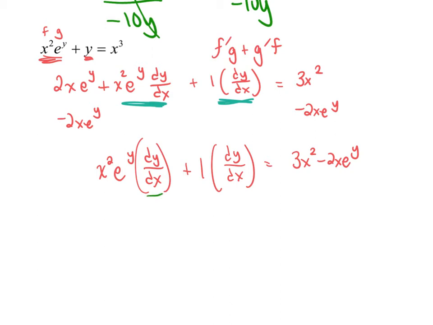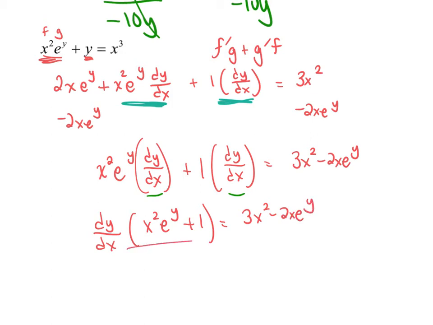So now if you notice here, these both have a dy/dx. I'll go ahead and factor that out, and I'm left with x squared e to the y plus 1 equals 3x squared minus 2x e to the y.